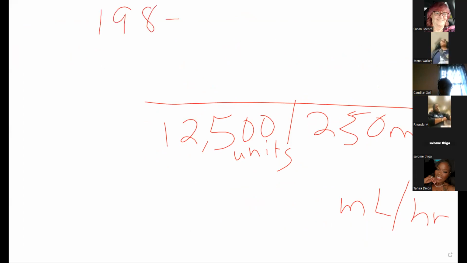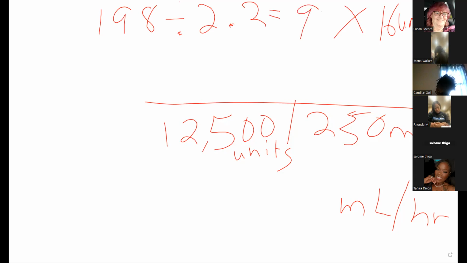Our weight is 198. We're going to divide that by 2.2, and then we're going to multiply that times our 16 units per kilogram per hour. So that gave us 90.